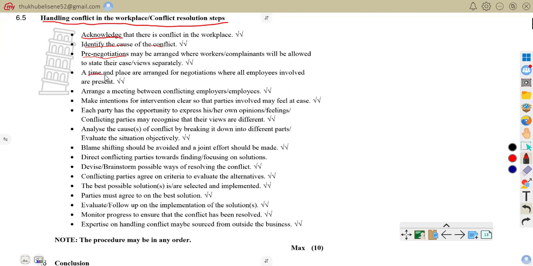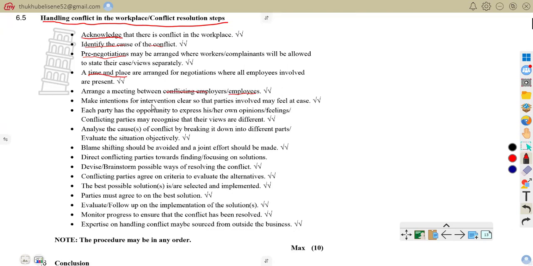So there will be a time that is going to be set whereby the employees are going to be present. Arrange a meeting between conflicting employers as well or employees. So the meeting is to be arranged for the conflicting employees, or if they are employers who are conflicting, there should be a meeting.